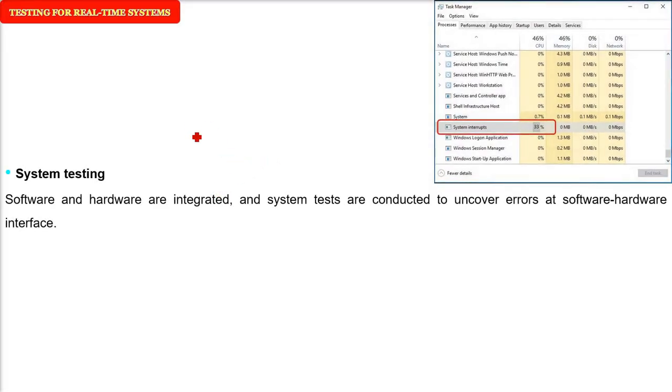The fourth is the system testing. The software and hardware are integrated, and then the system tests are conducted, because we need to know the interfacing errors.